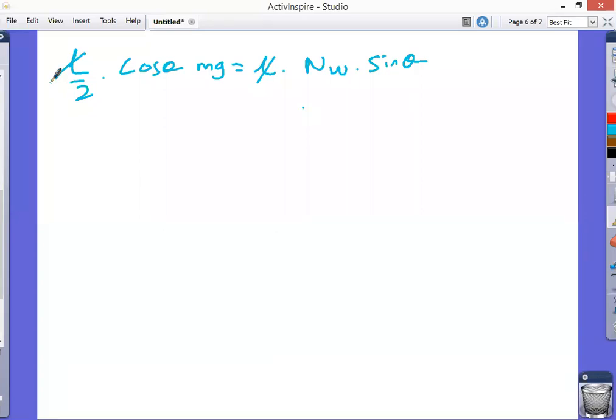So let's go to the first condition of equilibrium. We found out that the force of the wall is equal to the friction force, right? So now we can replace this part.